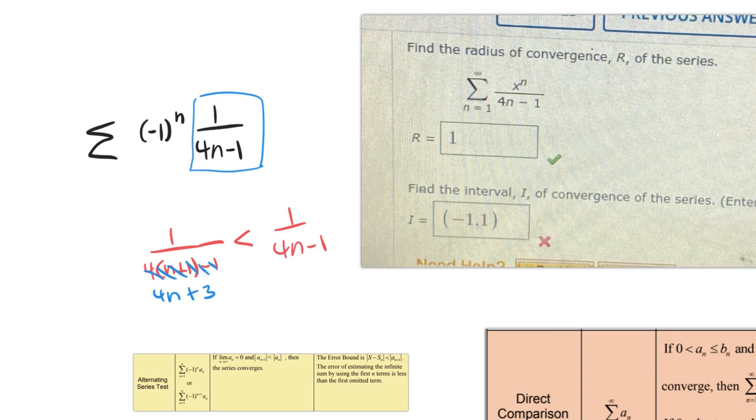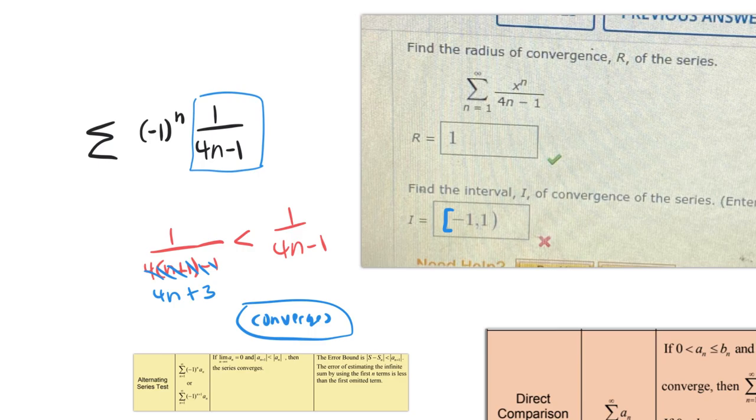So this denominator is larger than that denominator, which means that the entire fraction itself is smaller. So it turns out that when you plug in -1 for x, this converges. Okay, it converges. So seeing as how plugging in -1 for x converges, that means this should get a bracket right here. That should get a bracket.